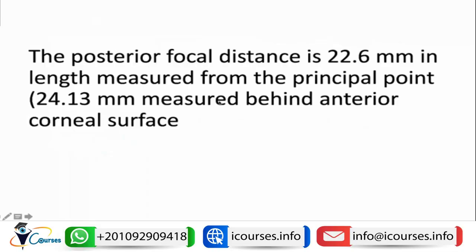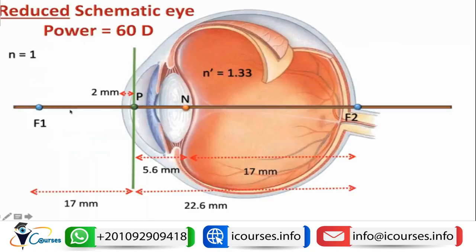The posterior focal distance is about 22.6 millimeters, measured from the principal point. If we measure from the anterior corneal surface, it will be equal to 24.6 millimeters, which is the average axial length of the eye.